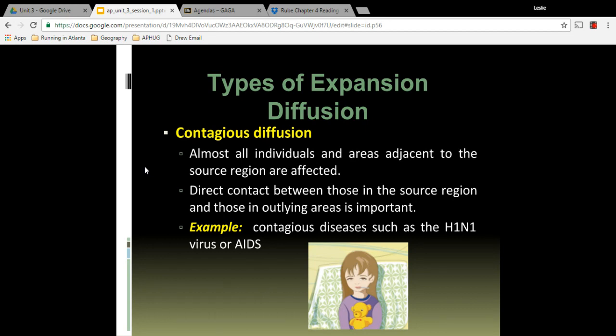HIV, I think, at times can also be used as an example of hierarchical diffusion, but for the purposes of culture, just understand that contagious diffusion requires direct contact between those in the source region and those in outlying areas, and that another characteristic trait of contagious diffusion is almost all individuals in areas adjacent to the source region are affected.